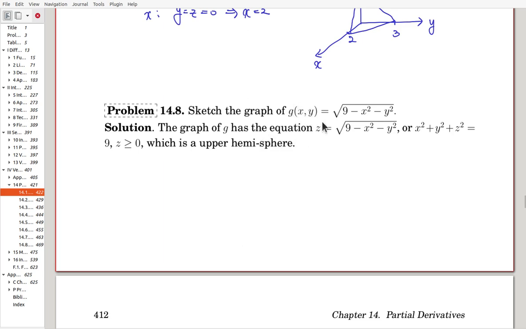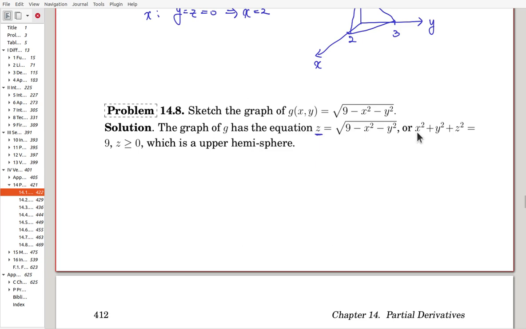Rather than g of x, y, we are using z, and we reach that equation. We square, then z squared is what is inside the radical, and we move x squared and y squared to the other side.